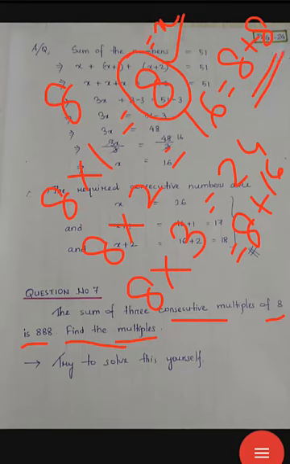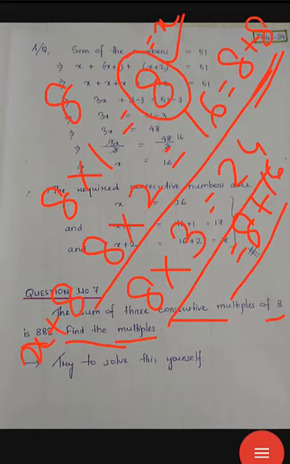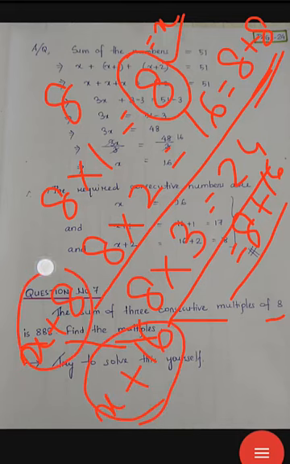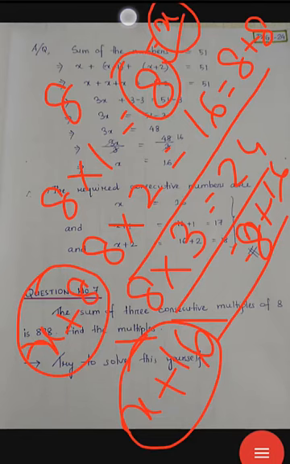So the second multiple can be replaced by x plus 8. Similarly, this can be replaced by x plus 16. So these 3 are the 3 consecutive multiples of 8.